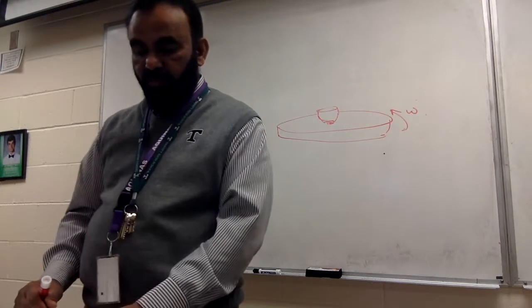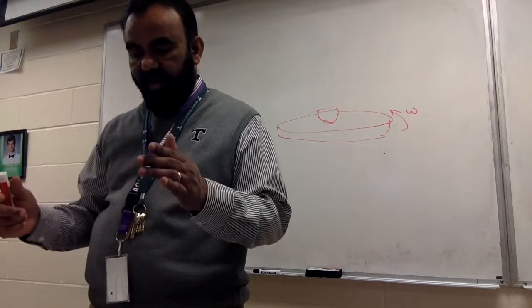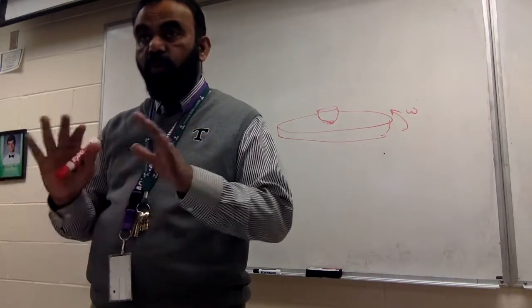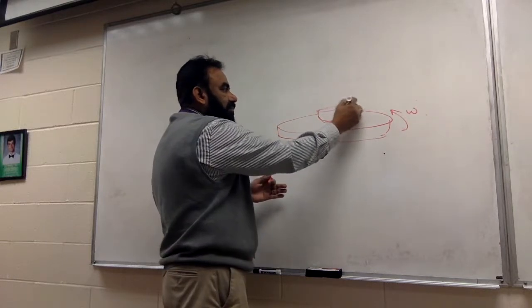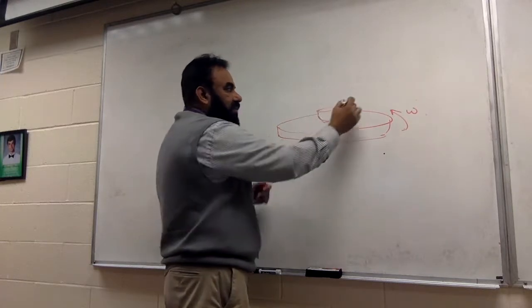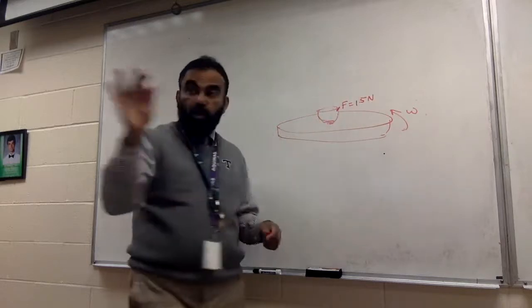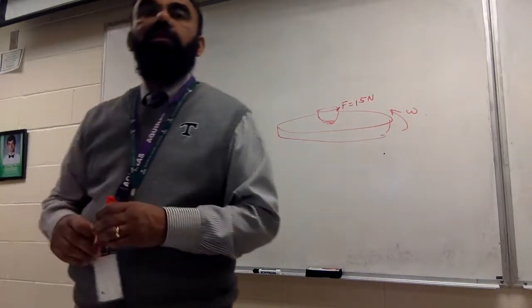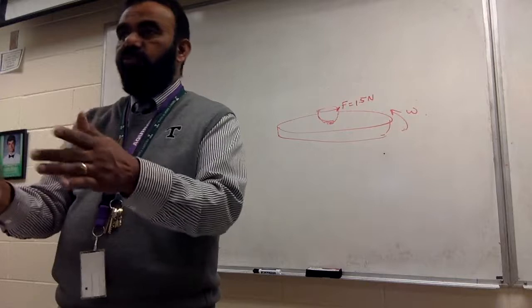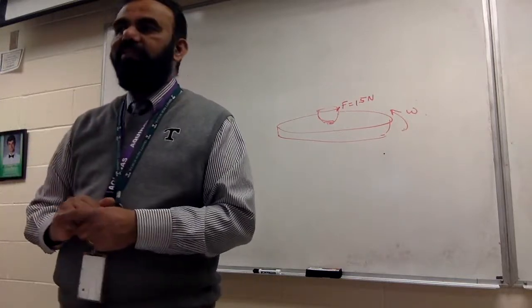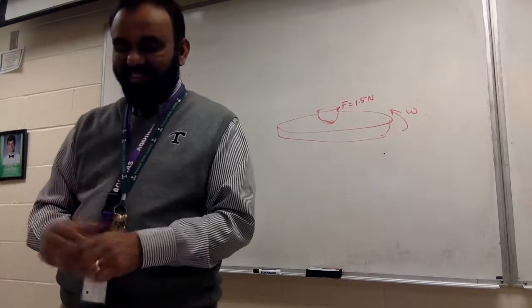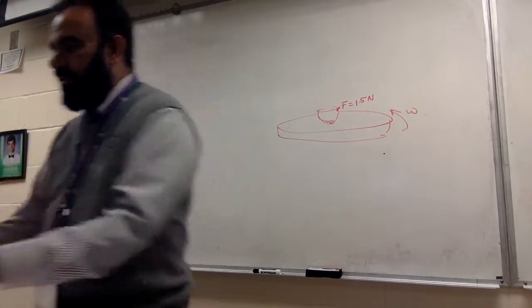The frictional force between her hands and the clay is 1.5 newtons total. Total, meaning she can use 2 hands or 3 hands, but still the total friction is 1.5.